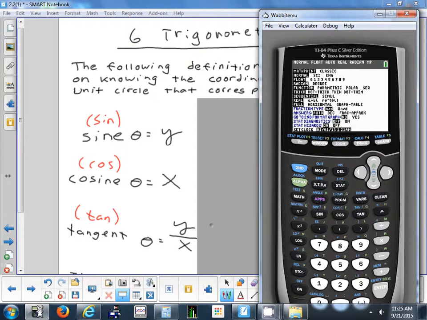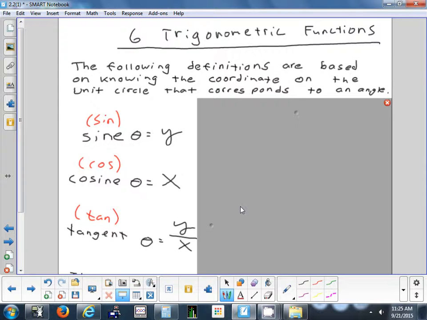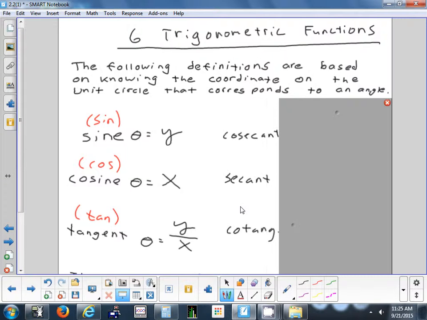All right. Now, earlier I said if you want to get the other 3, which are cosecant, secant, and cotangent, we do have to get those.